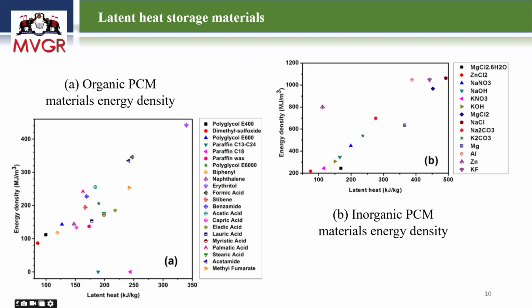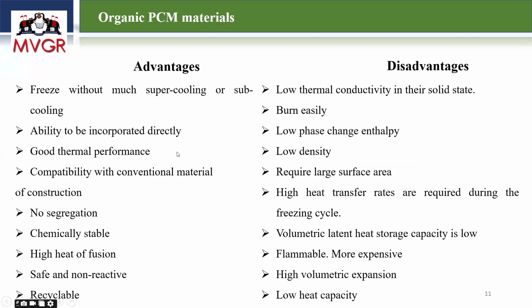So the materials having a carbon and hydrogen bonding structure, those materials we can call organic phase change material. And coming to inorganic phase change material, salt-kind of material, let us take, any salt-kind of material, those materials we can call inorganic phase change material.